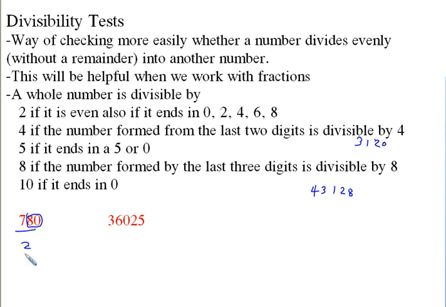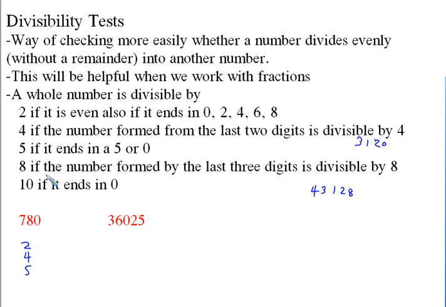Yes, that's 4 times 20. So I now have that it's divisible by 4 and divisible by 2. Now I need to know, is it divisible by 5? Well, it ends in a 5 or 0, so yes, it's divisible by 5.